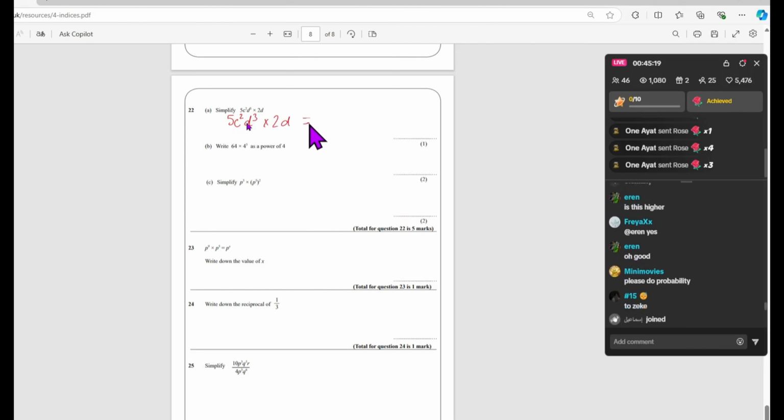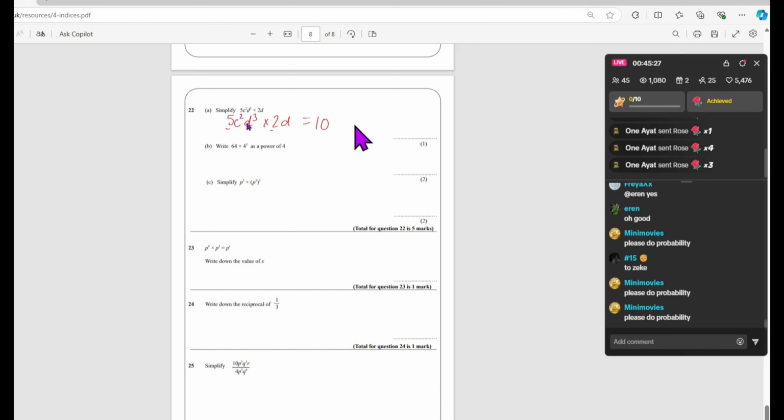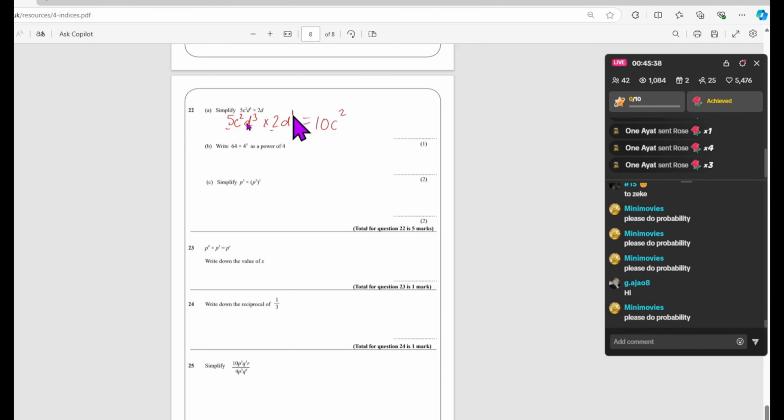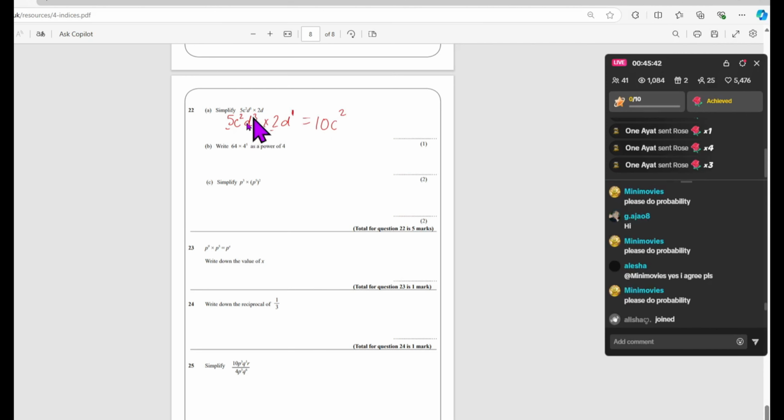What will we get? The first thing we do is multiply the coefficients. We're going to get 10, then c squared. Let me just write c squared because there's no c over here. And then d cubed times d to the power of 1 as an invisible power. So we add the powers. We know there's an invisible power here. So d to the power of 3, add the power of 1.